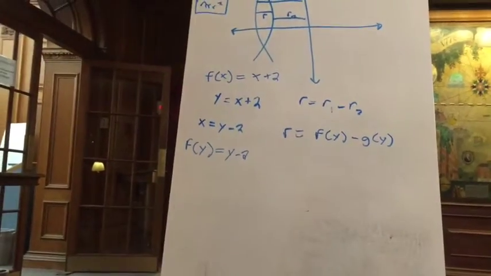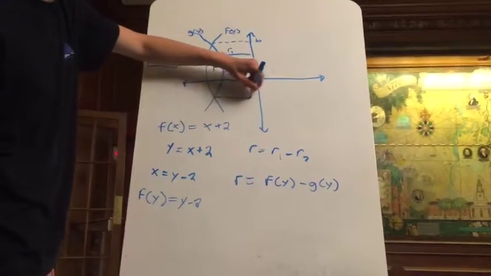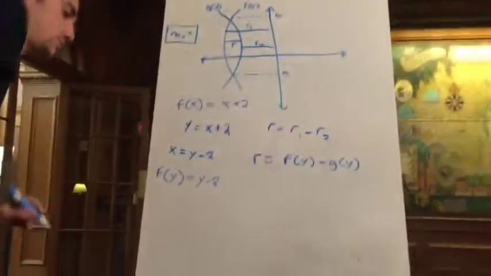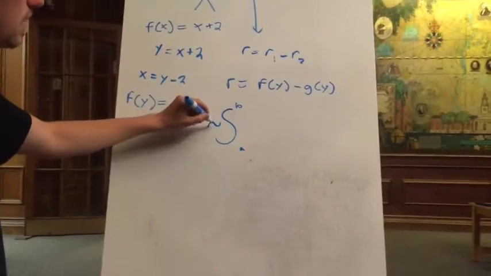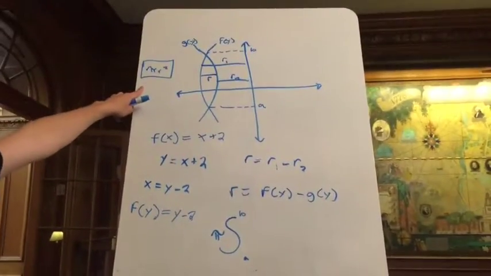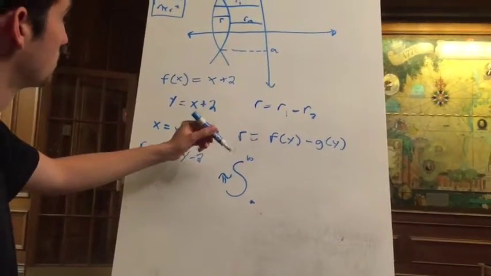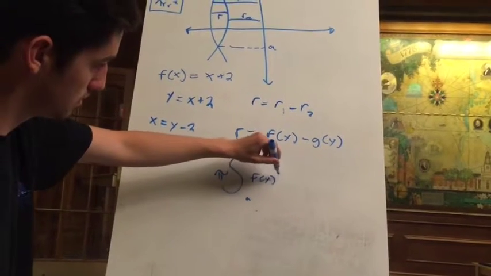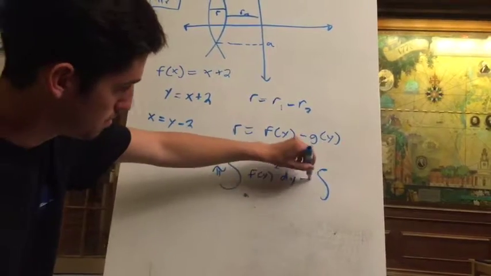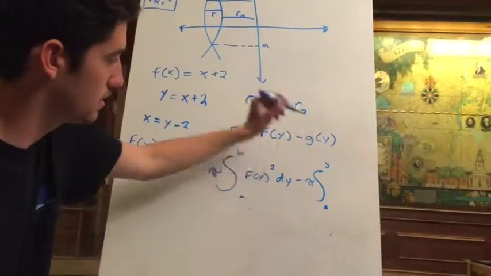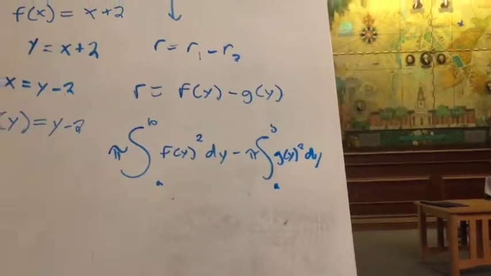To then solve the integral, we will say that this curve is between 2 points b and a. And we will create the integral from b to a times pi, because we are still using our equation pi r squared for the area of a circle, of f of y squared dy minus pi times the integral from b to a of g of y squared dy.